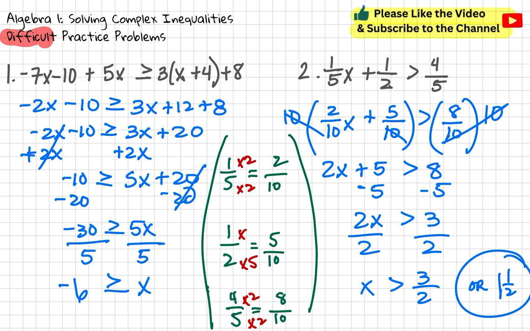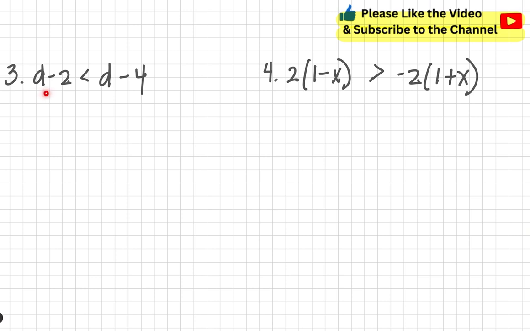Like we had 2x, negative 2x, and a 3x. Those aren't equal. And then here we only had the variable on really one side, so it doesn't apply. But here we have just d and d. So we can treat them as if they're not really there. So I'm just going to do a squiggly line between them. And then you bring everything else that was involved down and you compare them.